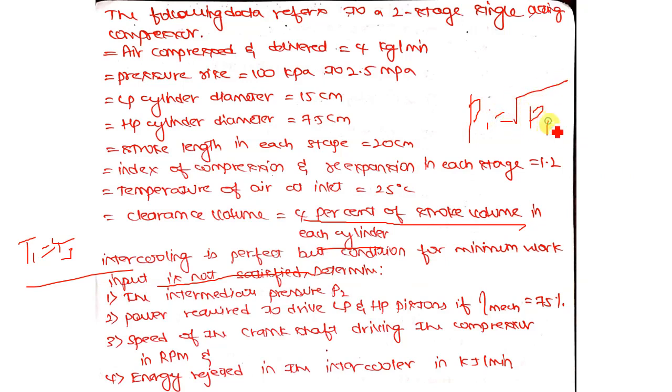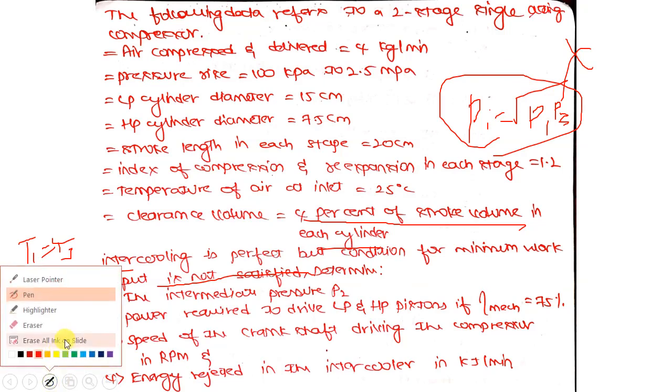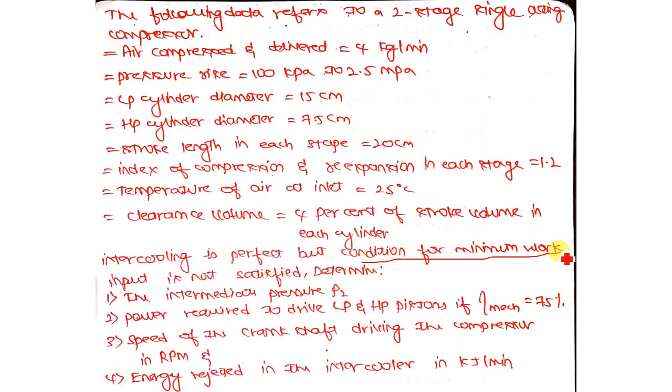You cannot use this condition. Why? Because he has clearly specified that the condition for minimum work input is not satisfied. So you cannot use that condition to calculate your Pi. You have to go with some other means. Let us see how we can calculate.